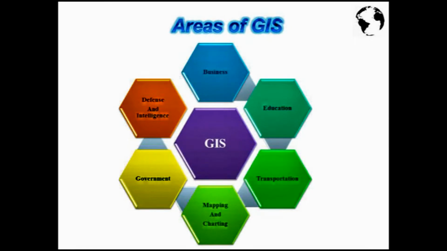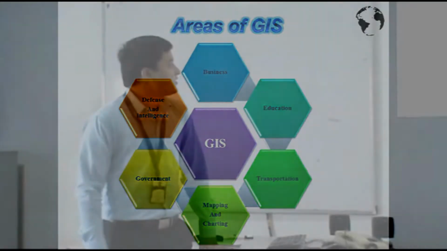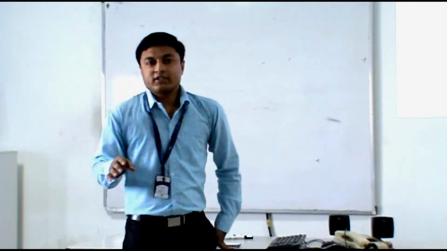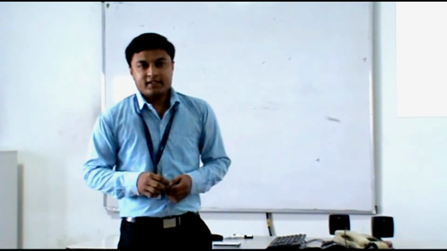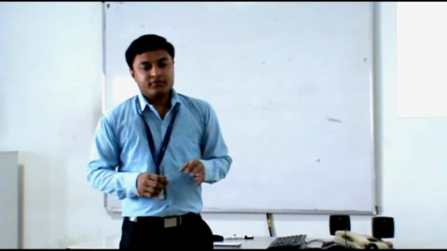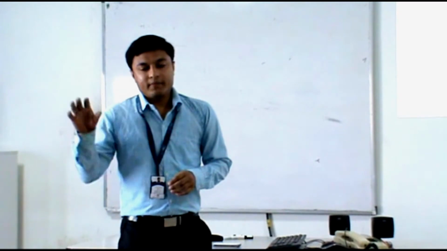Areas of GIS. GIS is used in many areas, like business, education, transportation, mapping, government, defense and intelligence systems. In business, we can find out in which type of location which type of business resides, for example in which place there is a rubber factory.